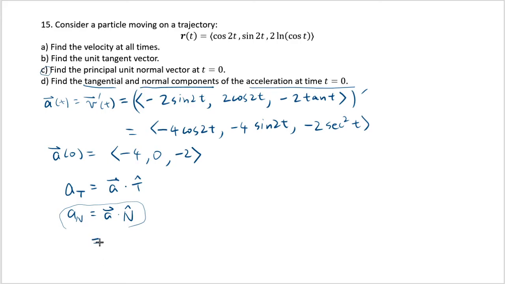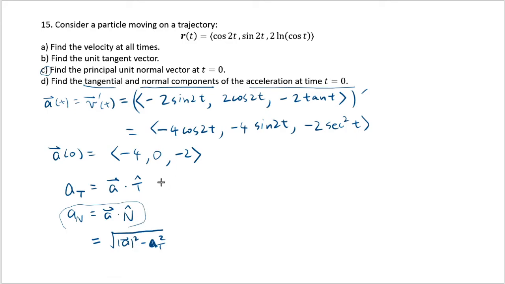But a warning is that if you're not asked to find the normal vector, it's a lot easier to just do square root of the norm of a squared minus a tangential squared. You use the Pythagorean theorem to find it, and that's a lot easier.